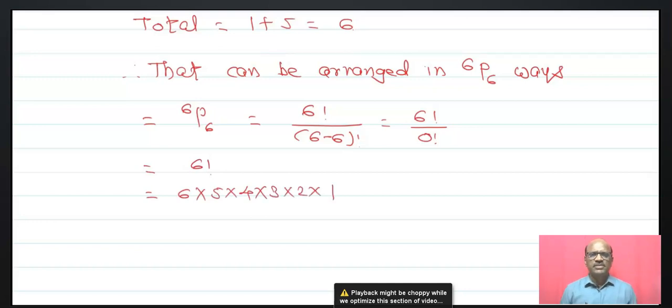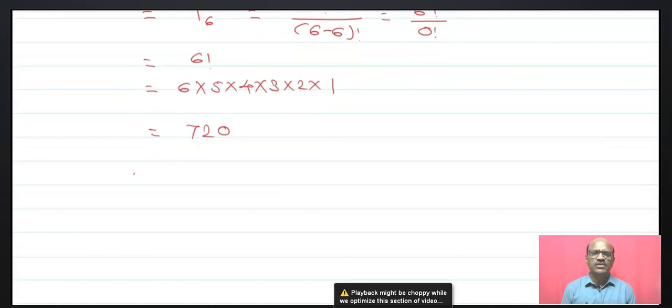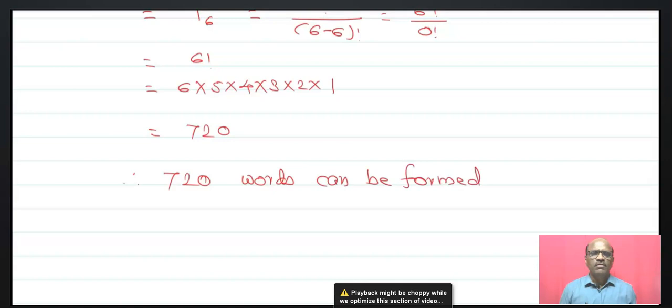That is equal to 6 factorial, written as 6 into 5 into 4 into 3 into 2 into 1, that is 720 words can be formed when Y is next to T.